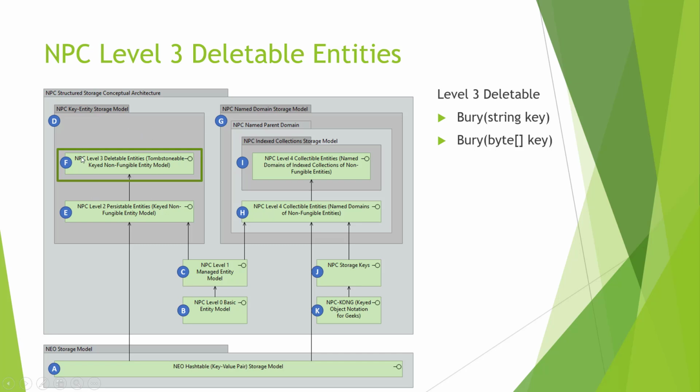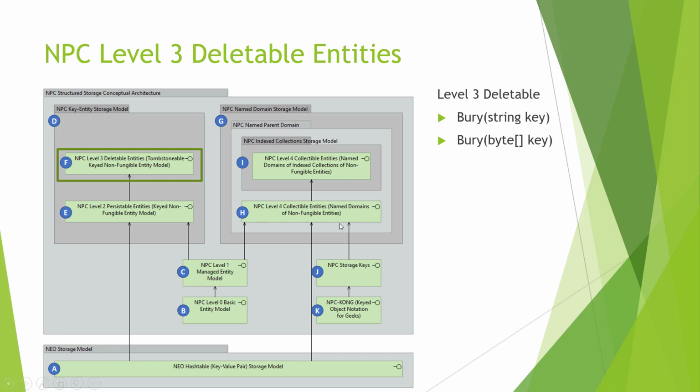This is what I've demonstrated previously in terms of the NPC layered support for the traditional keyed entity storage model. And it's built directly on top of the Neo hash table storage model, the key value pair storage model. And it leverages those managed capabilities that we saw in level 1.